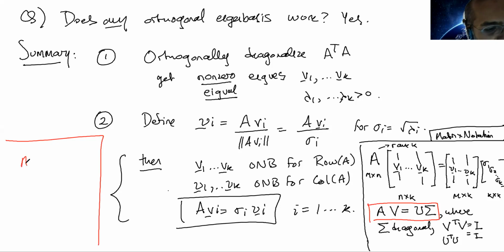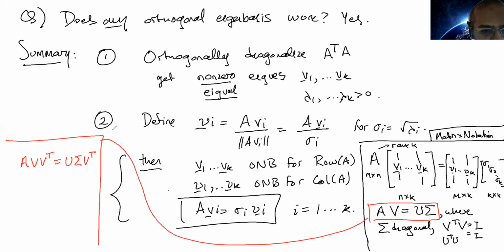So you get A V V transpose equals U sigma V transpose. But what's V V transpose? Is it the N by N identity matrix?